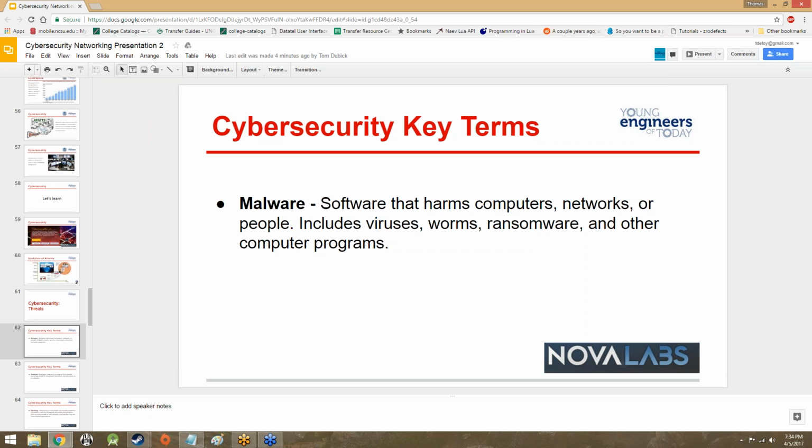And that's a general term for a whole bunch of other things, like I said, viruses and worms and ransomware and other stuff. Ransomware being programs that will mess with your things and then demand some sort of monetary or otherwise compensation before they are removed.